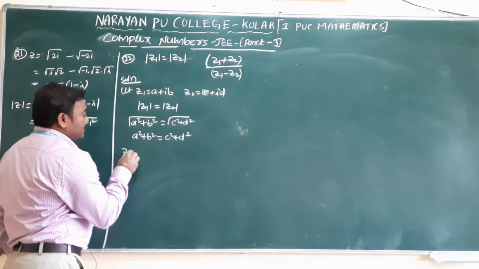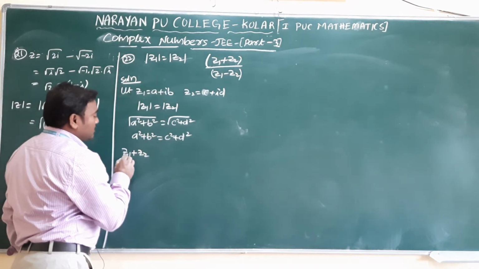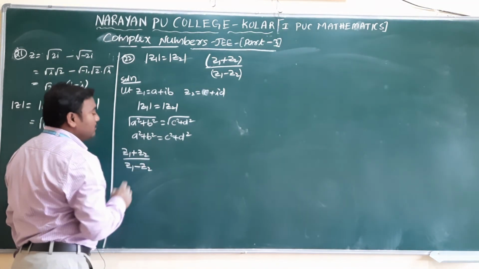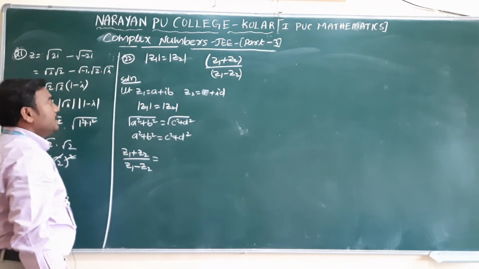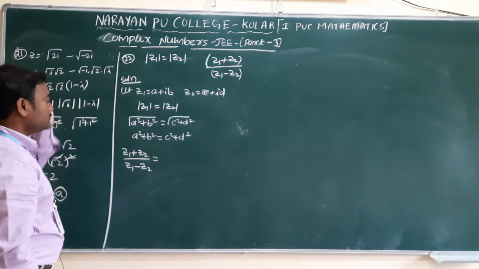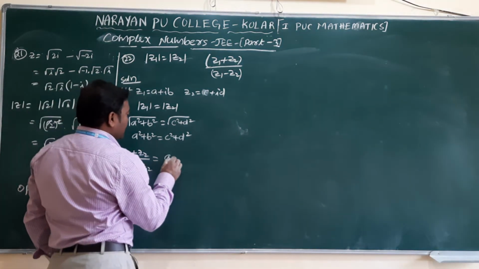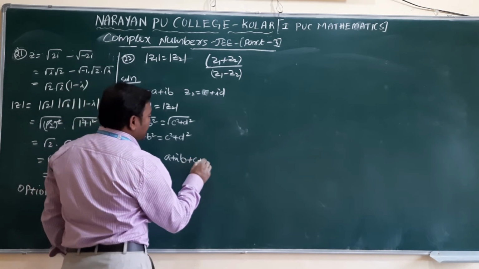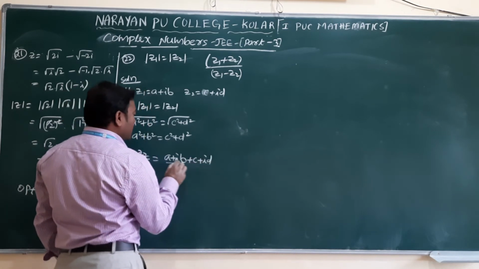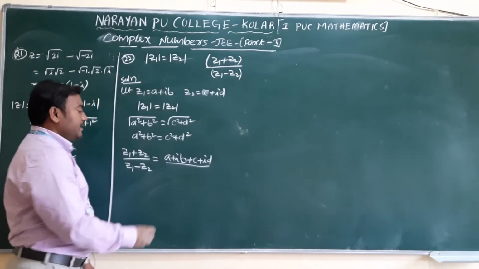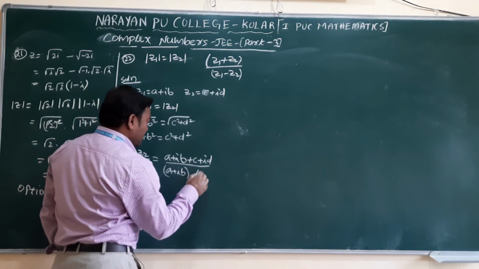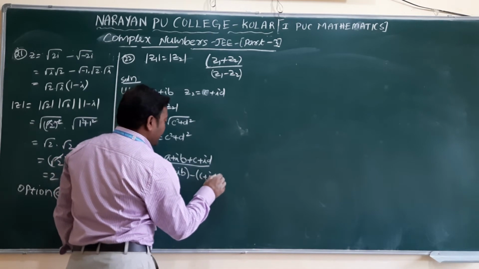So z1 plus z2 divided by z1 minus z2 is equal to z1 a plus ib, z2 c plus id, whole divided by z1 a plus ib minus of c plus id.